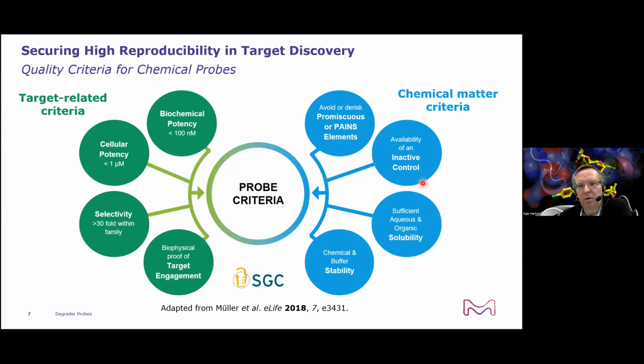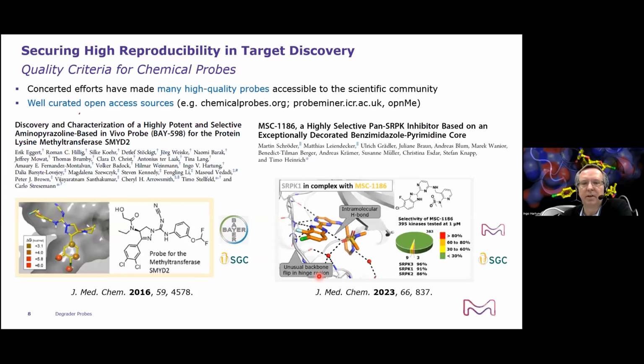This would be a compound from the same chemical series, but with significantly reduced or no activity on the target of interest. And it always helps if such probes have sufficient solubility, and obviously they should be stable under the typical assay conditions. So this is a high-level set of quality criteria, and we will come back to the individual aspects on this slide when we discuss degraders.